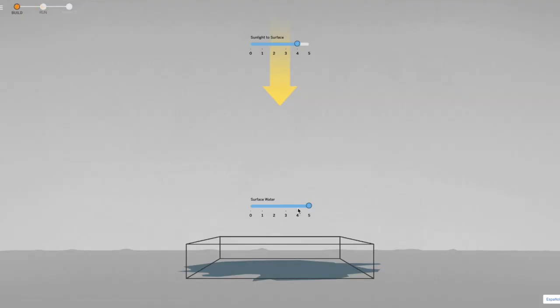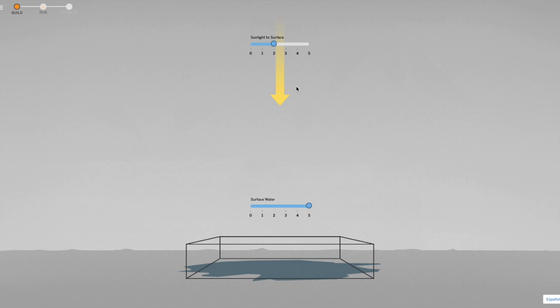Just give me one moment. So I'm going to bring this down to a 2. I'm bringing it down because we actually want to lower the amount of energy.